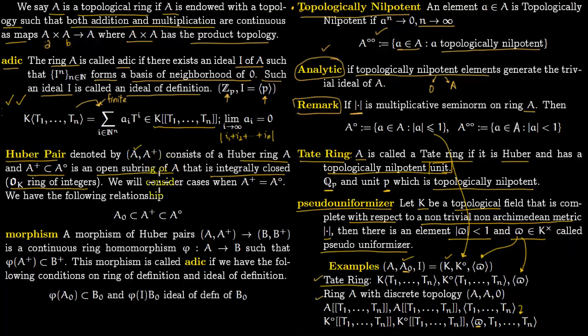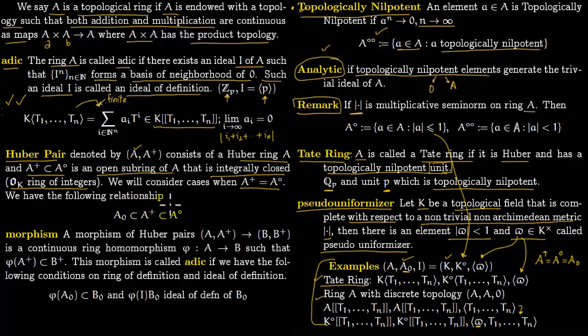So for our examples here, we are considering this A plus as this A circ, and you can consider all these examples also as examples of a Huber pair if you just put all three of them equal. That is, A circ is equal to the ring of definition, which is also equal to this A plus, that is the ring of integers.